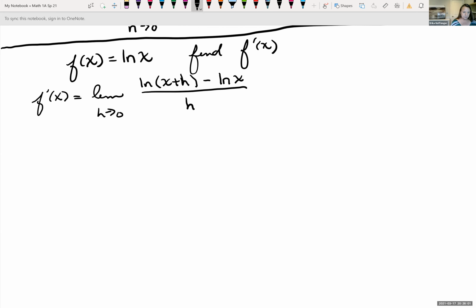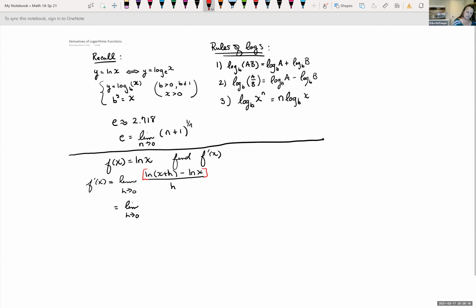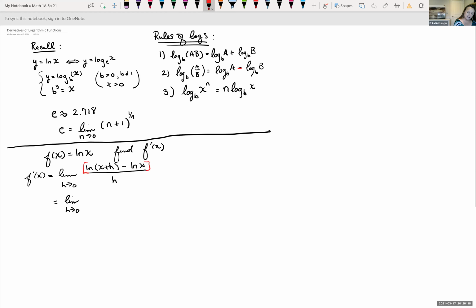So let's clean this up a little bit using rules of exponents and rules of multiplication. Well, remember, if we have, going backwards, a difference between our two logs, we can rewrite this as a log of the first piece divided by the second piece.